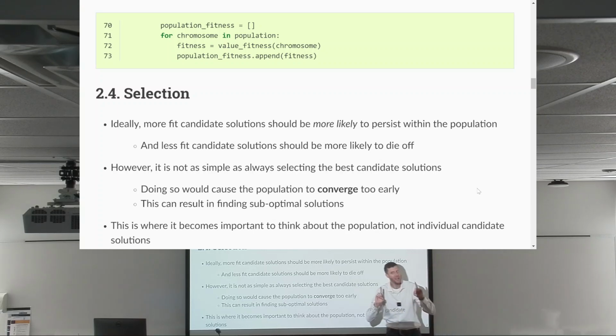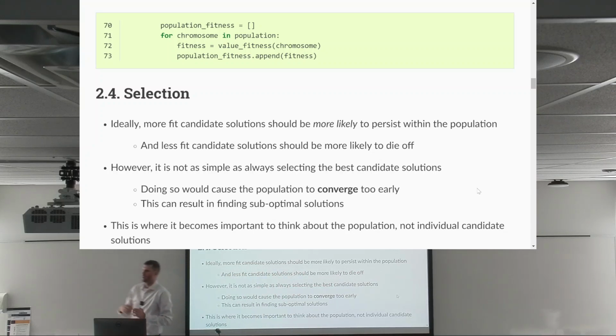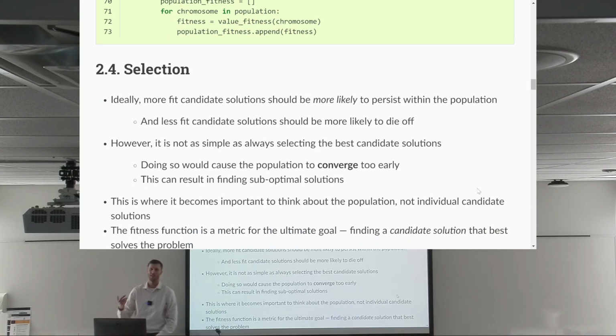If we always pick only the best solutions, that's very exploitive, but we lose the ability for exploration. We lose what we call diversity in the population. So we have to be careful. It's not as simple as always selecting the best candidate solutions. Doing so would cause the population to converge too quickly, and with the example problem we're going to look at, we'll see what that means.